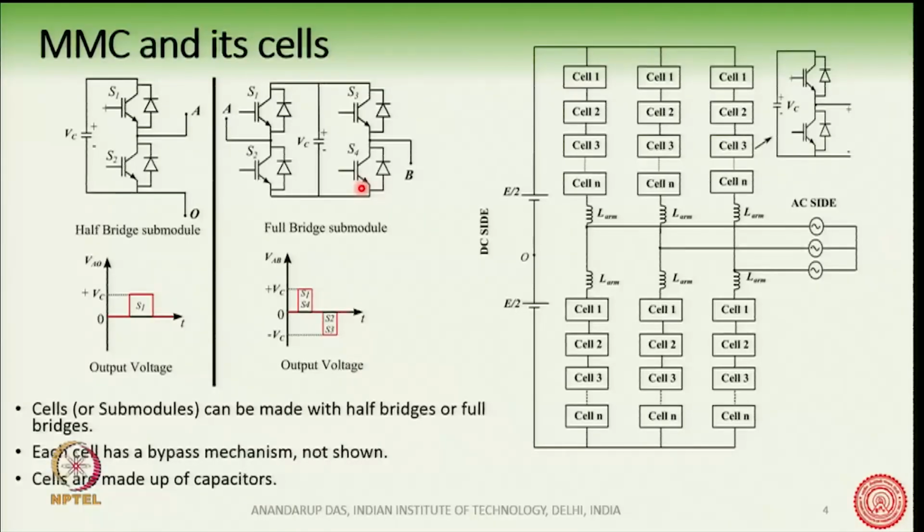So, if we use half bridge cells, we get 2 levels of voltage, that is 0 and Vc, whereas if we use the full bridge variety, we can get 3 levels of voltage at the output: plus Vc, 0 or minus Vc.